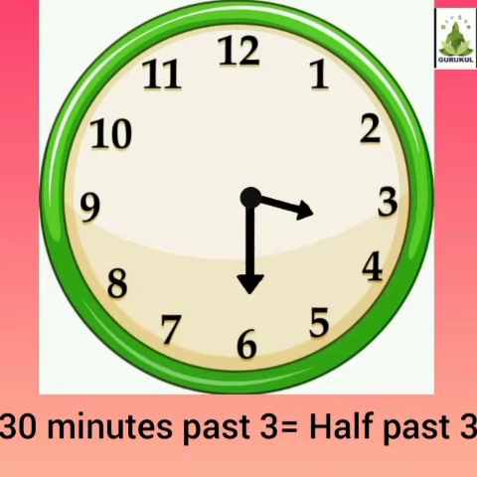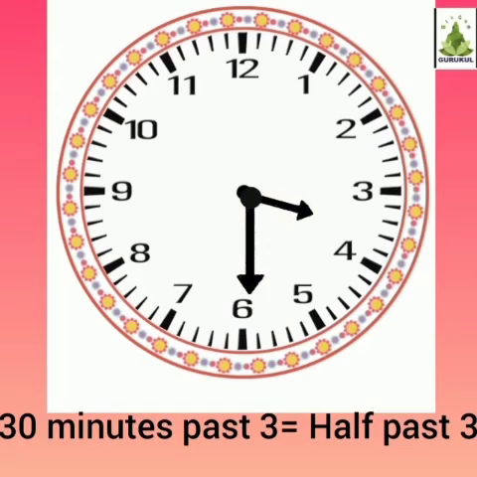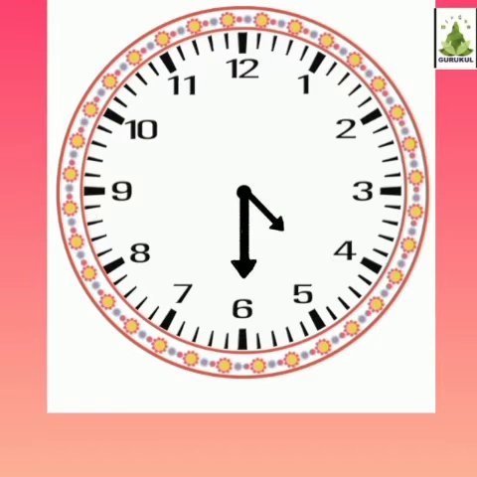It is 30 minutes past 3 in the clock. 3 full hours and 1/2 hour have passed. It is half past 3. In the same way, we can say half past 4, half past 5, half past 12.